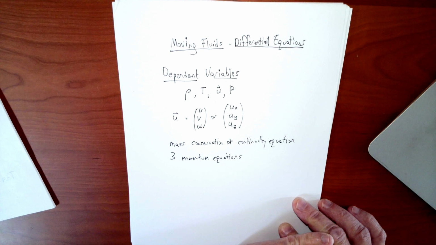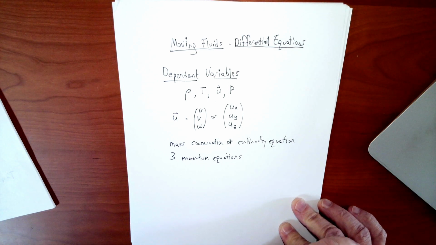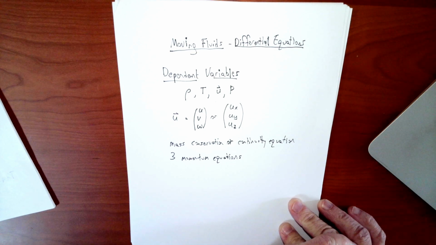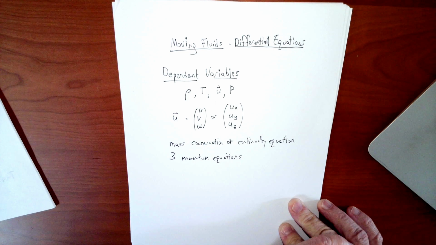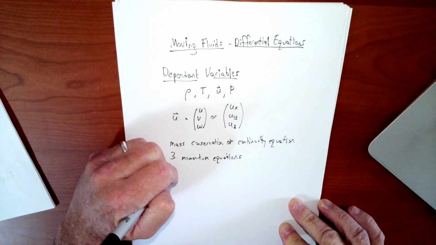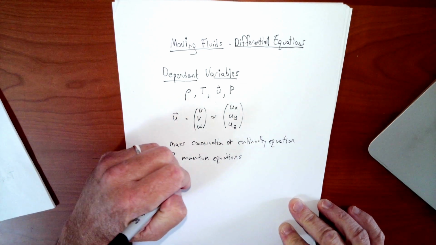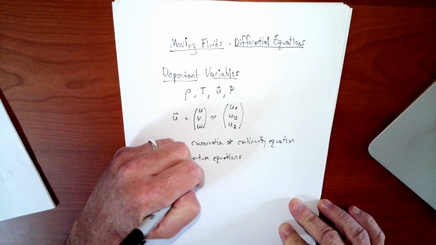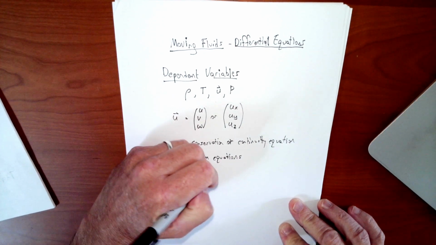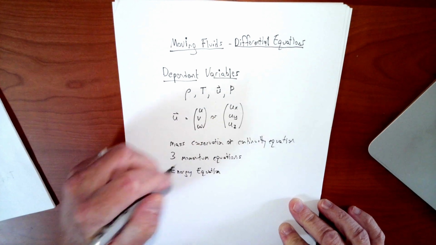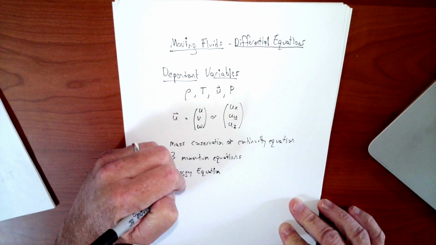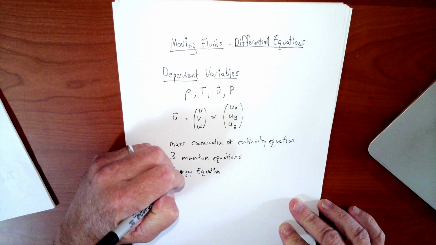Of course, you can have three dimensions in cylindrical coordinates, theta, r, and z, or you can have three dimensions in spherical coordinates, r, theta, and phi. But whatever spatial coordinate system you're using, you're always going to have three different ones, and so you're going to have three momentum equations. Energy conservation, again, we have used this. We used the energy equation to derive the Bernoulli equation, but of course we neglected viscous effects, and that's a major restriction.